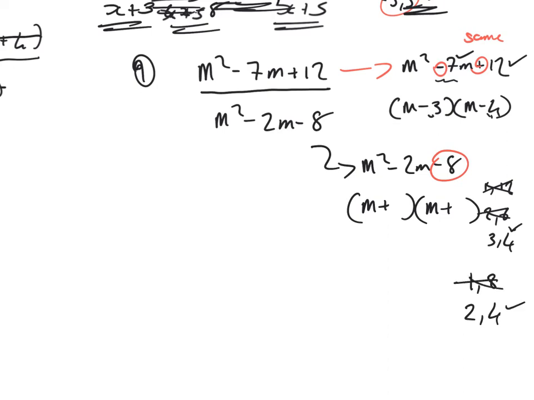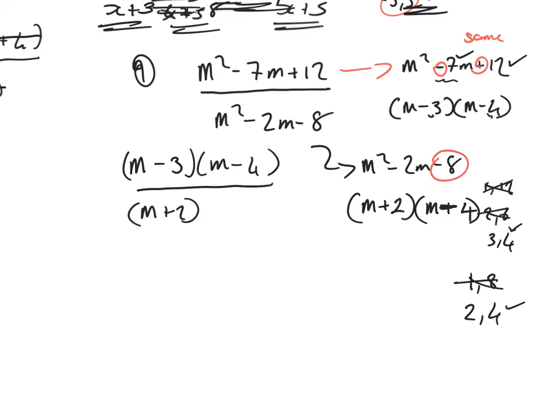It's going to be 2 and 4, (m plus 2)(m minus 4). Okay, so let's bring it back in. That'll be (m minus 3)(m minus 4) over (m plus 2)(m minus 4). I can cancel top and bottom out there, and that'll leave me with a final answer of m minus 3 over m plus 2.